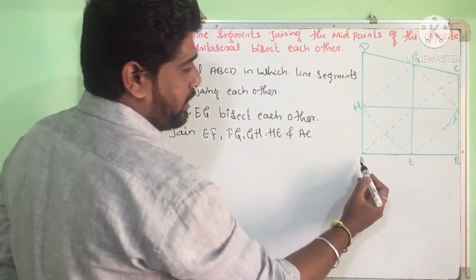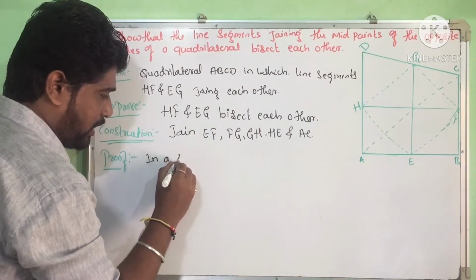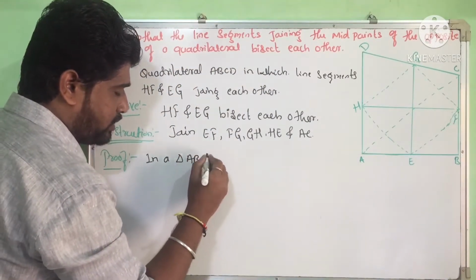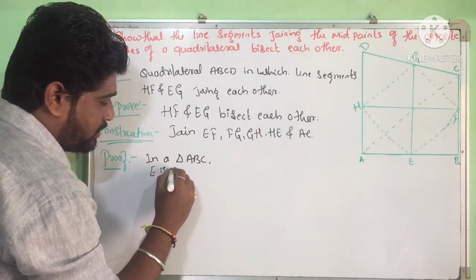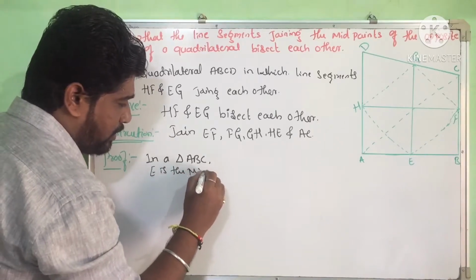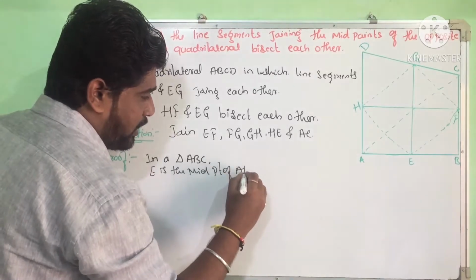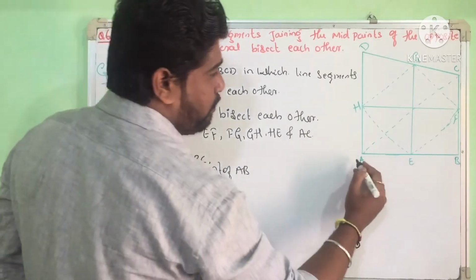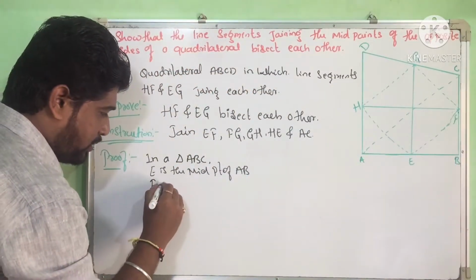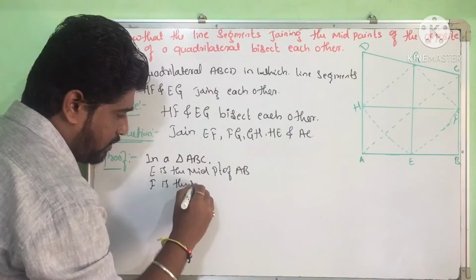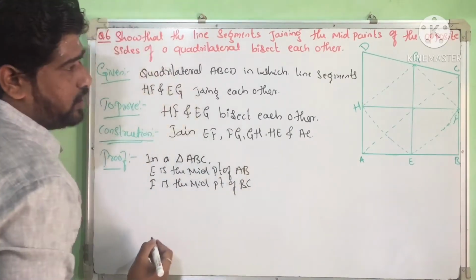So consider a triangle ABC. In a triangle ABC, E is the midpoint of AB, and F is the midpoint of BC.